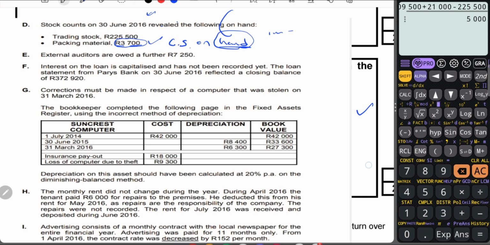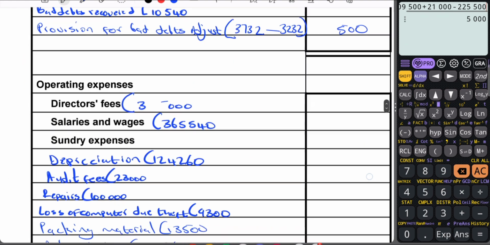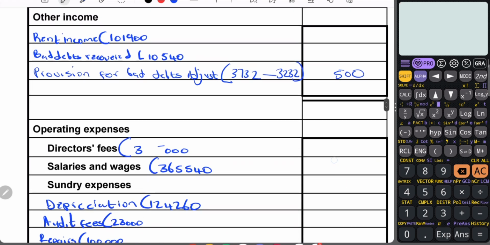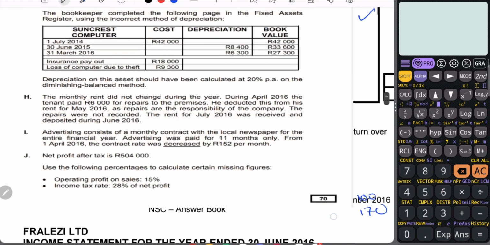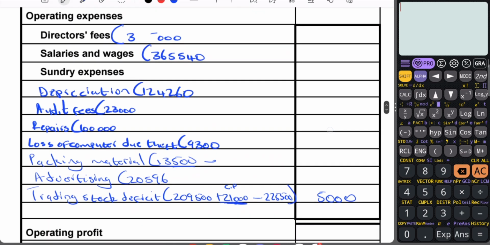Let's go and check now our packing material. We bought the packing material at a value of 13,500, but we are going to minus the one that we did not use, which is 3,700.